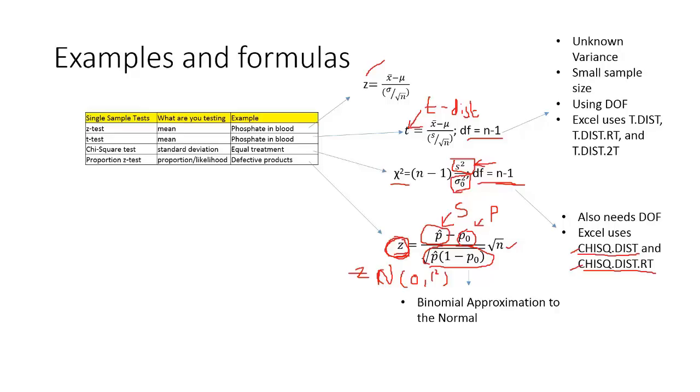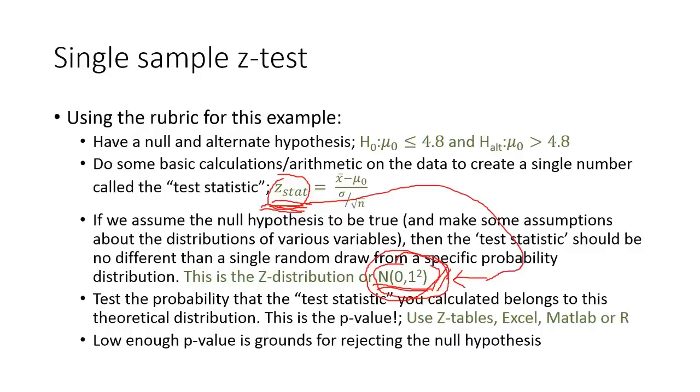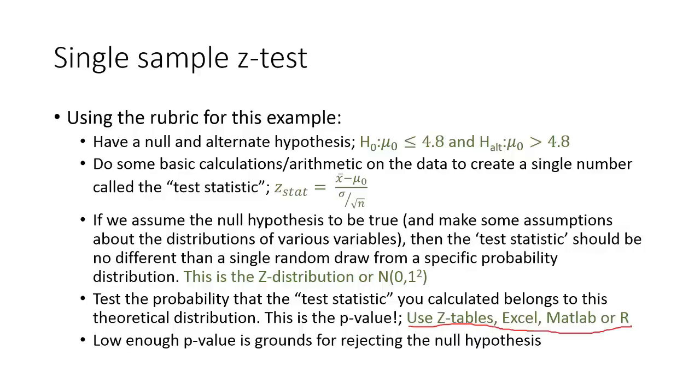Okay, just in quick conclusion, going back to the rubric that we created, I'll just clean this up. The final idea is that you can use z tables. By z tables I mean you can use the back of a statistics textbook, you can use Excel or MATLAB or R. It's just important that you know how to do it with at least one of these software tools.